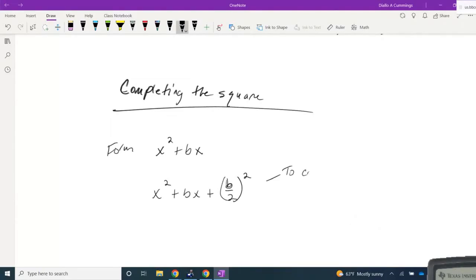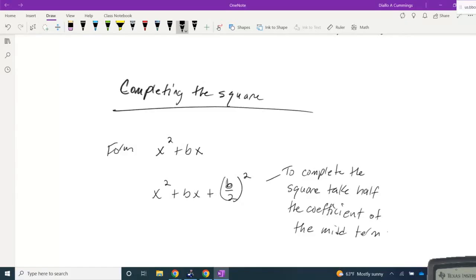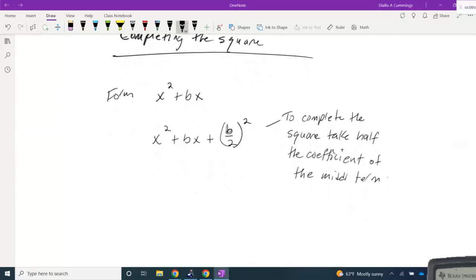So to complete the square, take half the coefficient of the middle term and square it.